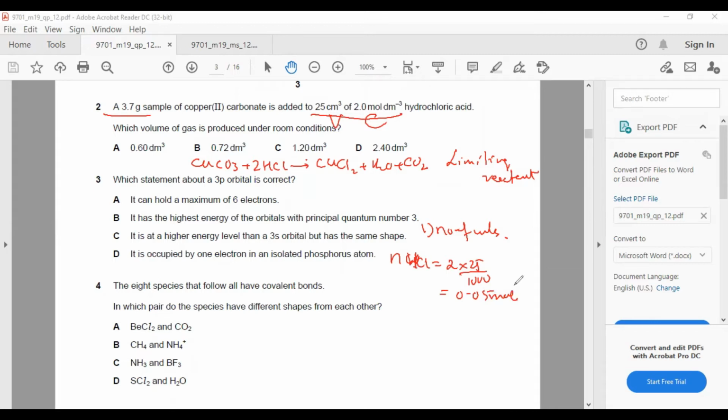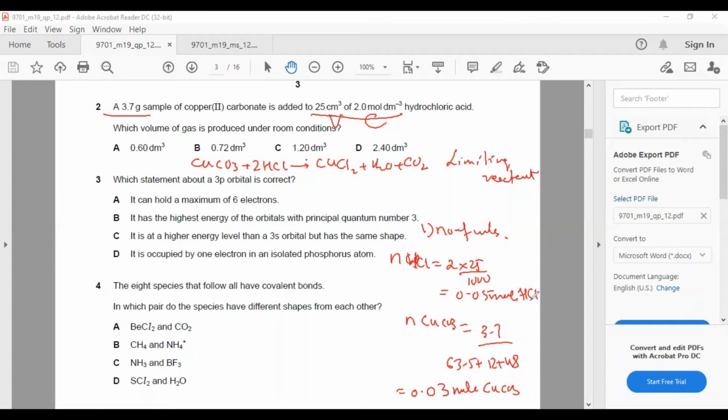Now the number of moles of copper carbonate is 3.7, mass, upon formula mass, copper 63.5 plus 12 plus 48. It is roughly 0.03 mole.